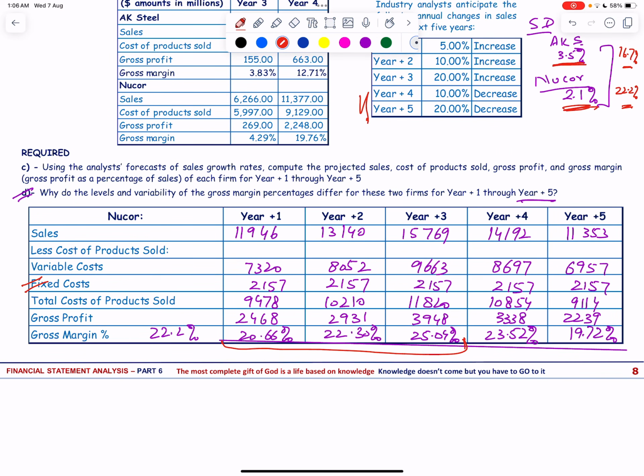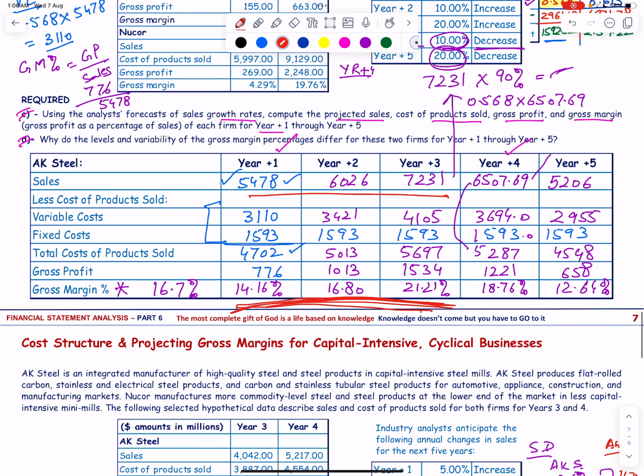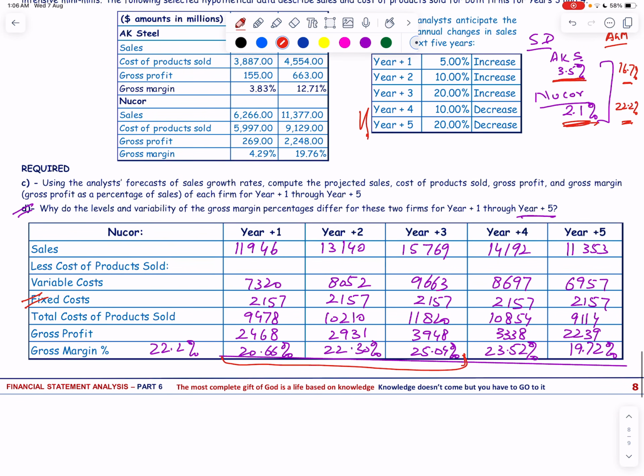So this indicates that AK Steel's gross margin improves significantly with increasing sales, but also drops sharply with decreasing sales as compared to Nucor, reflecting its higher sensitivity to changes in sales volume due to its cost structure.